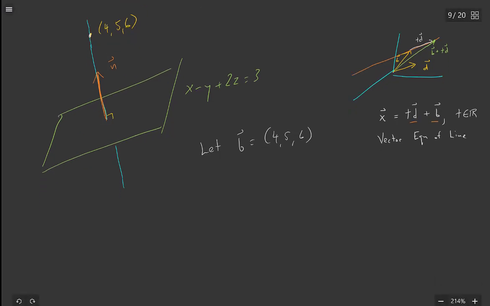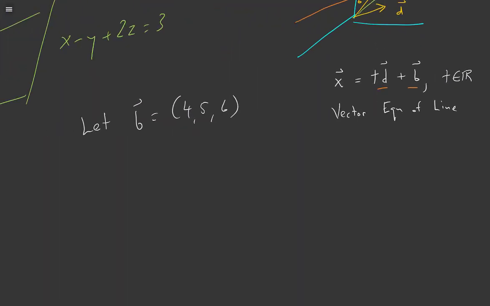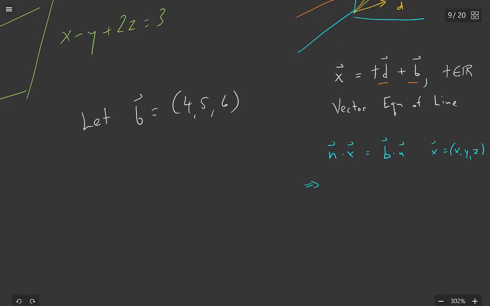Well, remember the scalar equation for a plane. So again, let's go back over here. The scalar equation for a plane has the form n dot x is equal to b dot n, where x represents the x, y, and z coordinates. If I expand this equation, it looks like a bunch of vectors in here, but we call this the scalar equation because when you take dot products, you're just left with scalars.